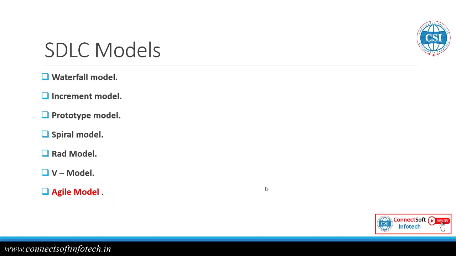Now, what are the SDLC models? Waterfall, incremental model, prototype model, spiral model, RAD model, V model and agile model. Agile is new, because the other models have some issues, so now everyone uses agile models. Most of the industry uses a hybrid one, sometimes agile, sometimes waterfall, depending on the project.